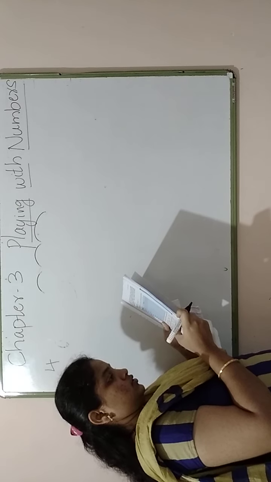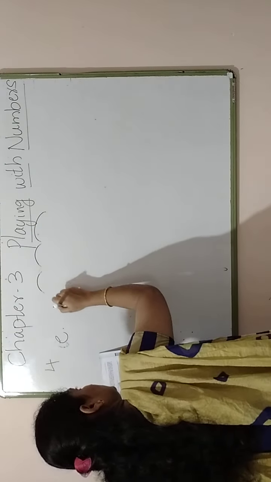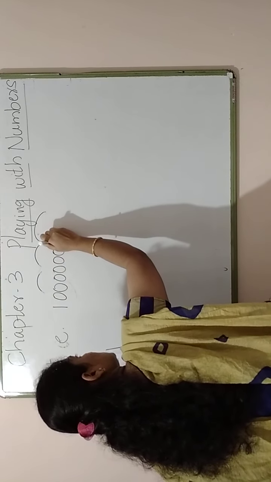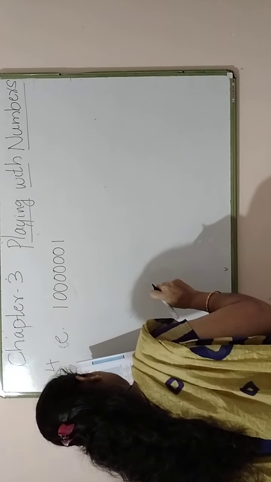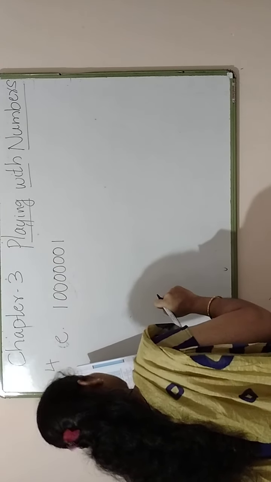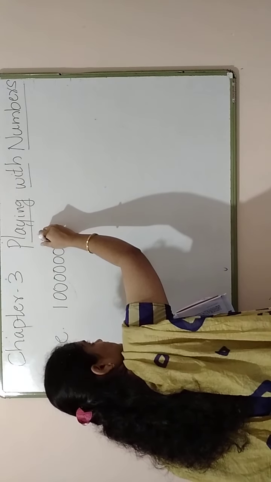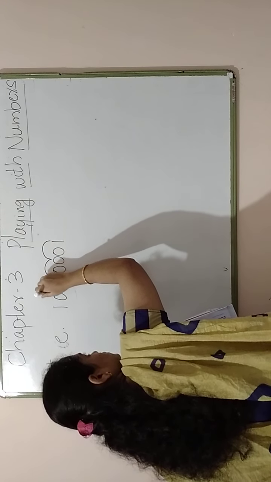E, 1234560 1. So now we want to find out whether this number is divisible by 11 or not. Okay, so now the sum of the numbers at the odd places. That is 1 0 0 0.